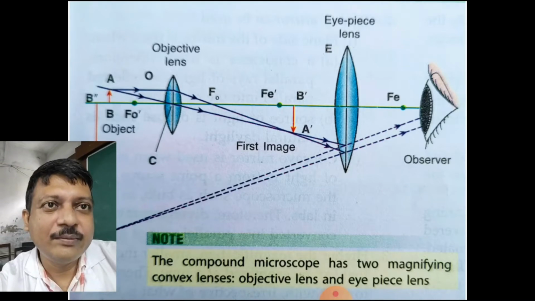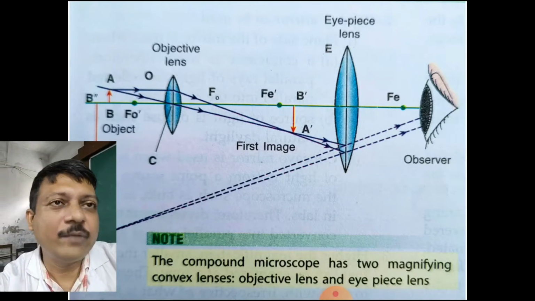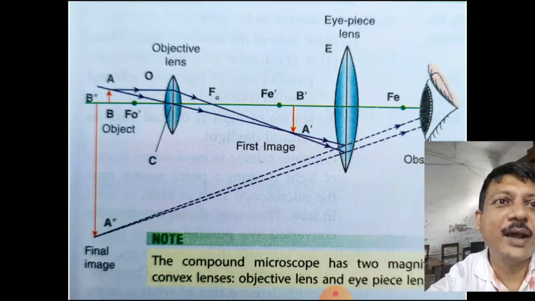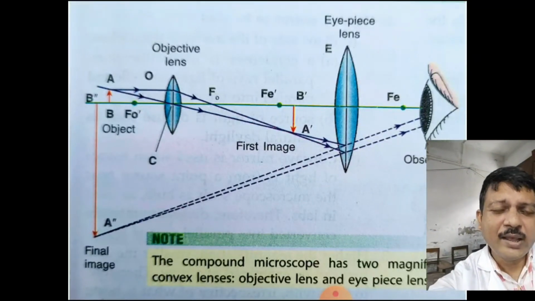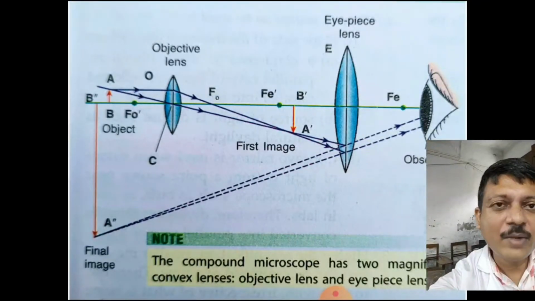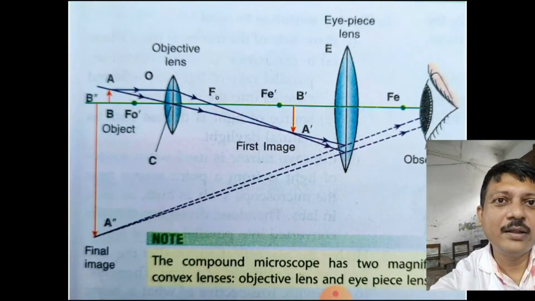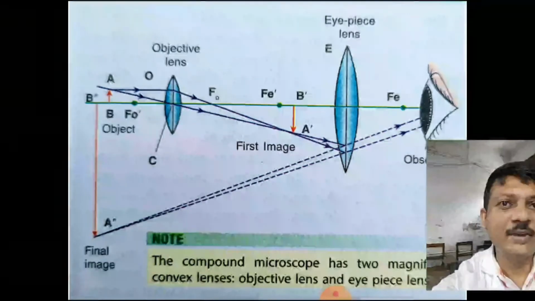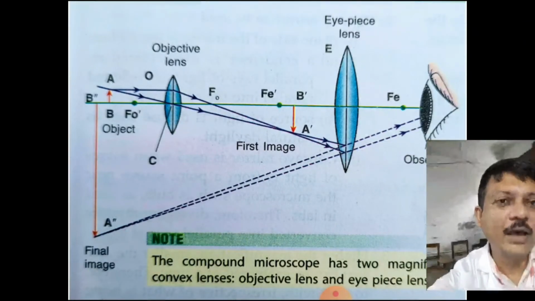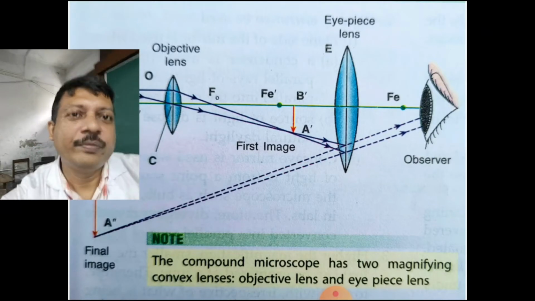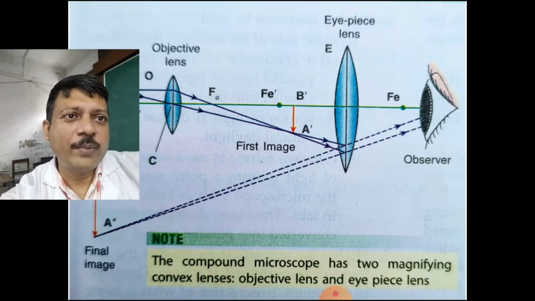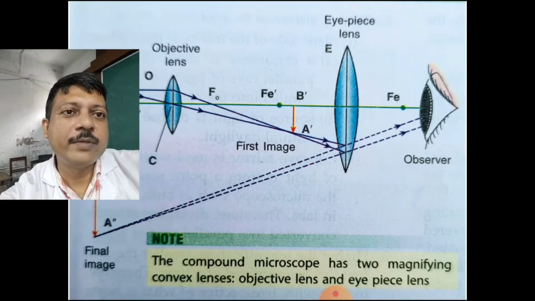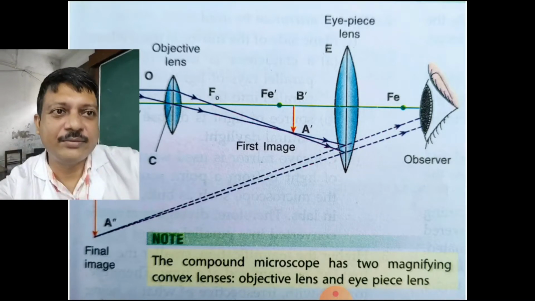That image is further magnified by the eyepiece lens, and ultimately an inverted magnified virtual image is formed 25 centimeters in front of the eye. So the compound microscope has two magnifying convex lenses, the objective lens and the eyepiece lens.